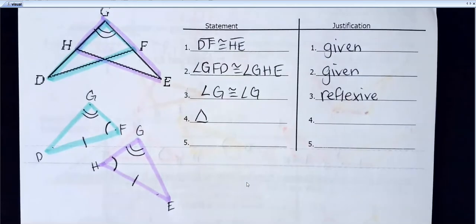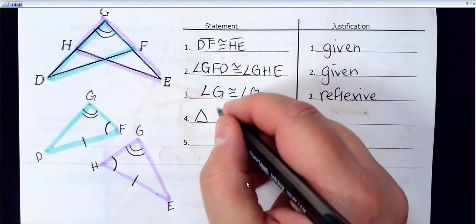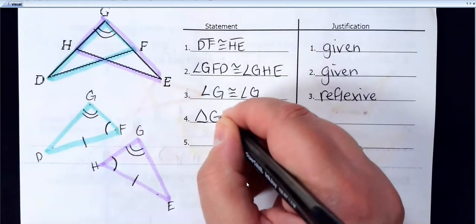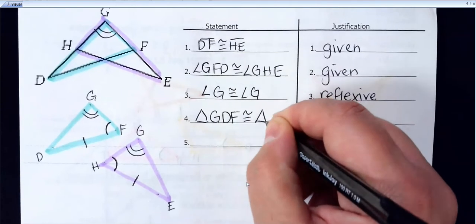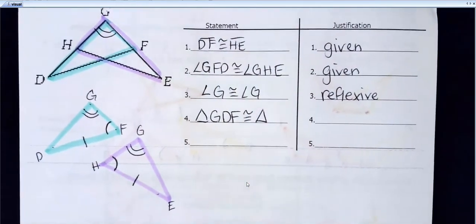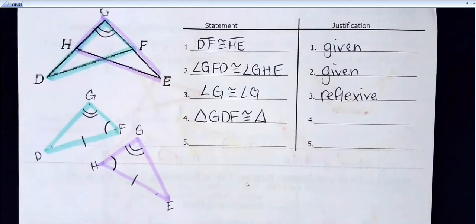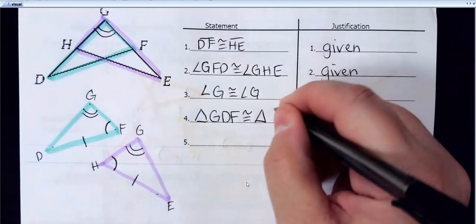So I'm going to call the one I colored blue triangle GDF. If I call that triangle GDF, how would I have to label the other triangle so the corresponding parts would match up? Yes, good. GEH.